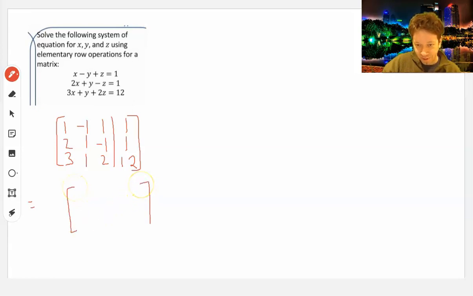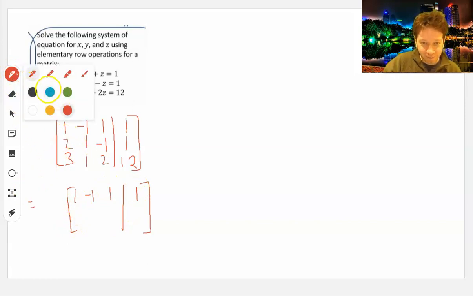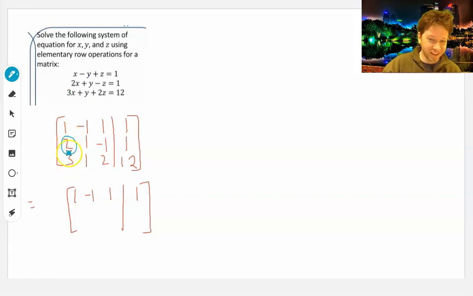So first step, I'm just going to write the first row as is. 1, -1, 1, and 1. Now the second row, I want this 2 to become a 0. So you can think, how can I make it a 0? Well, if I multiply the first row by 2, then that first coefficient will be a 2, right?